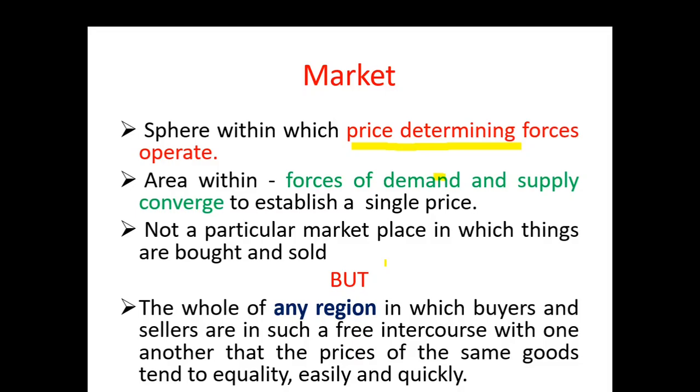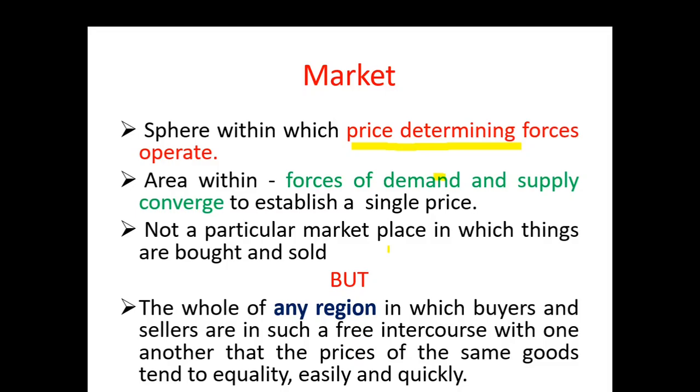Usually when we think about the concept of market in layman's terms, we are confined to a particular marketplace where things are bought or sold, but it is not at all like that. A market can be the whole of any region in which buyers and sellers are in such free intercourse with one another that the prices of the same goods tend to equality easily and quickly.